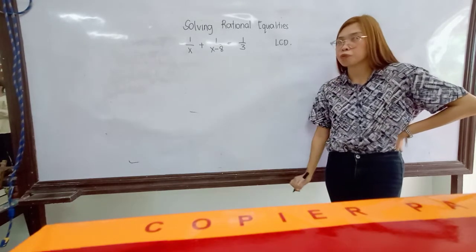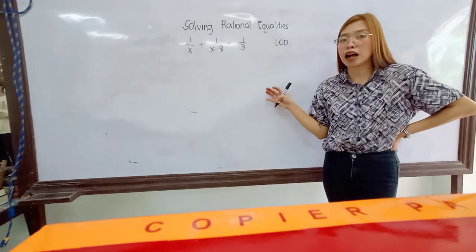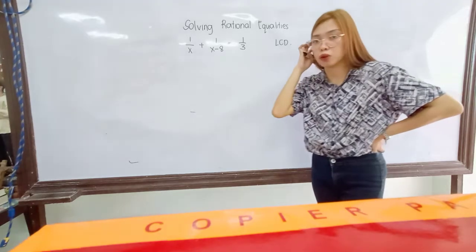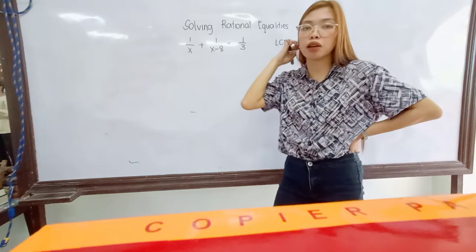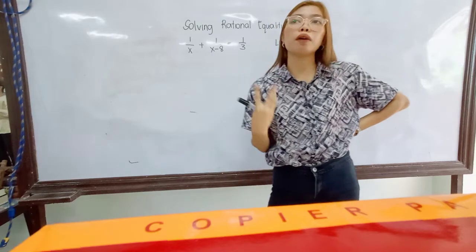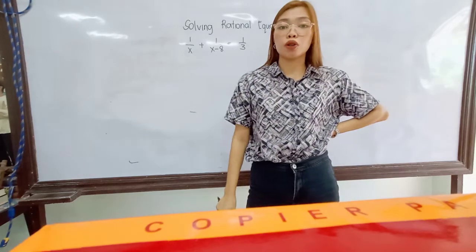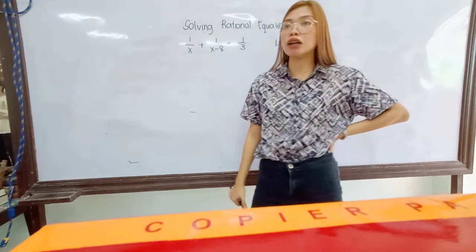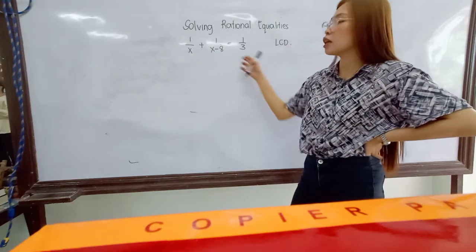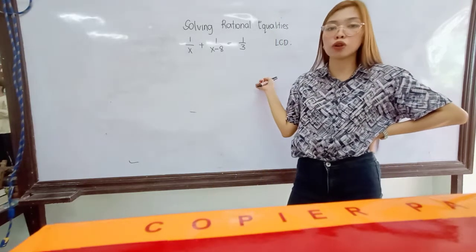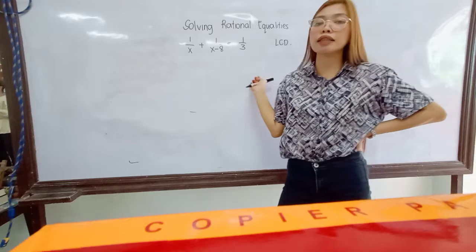So, meron tayong technique na ginagamit kapag hinahanap yung denominators, especially ng rational expressions or equations and fractions, di ba? Anong ginagawa natin? We are multiplying the two denominators, and that will be the LCD.